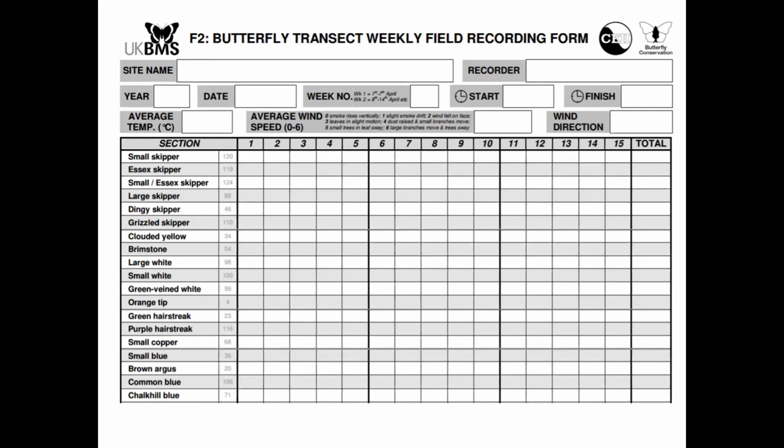So if we were to hear that although you thought you'd done very well because you'd seen 15 green hairstreaks, other people in other sites had seen twice that number, then you might think, oh, my site isn't as good as I thought. I thought it was really good with 15 green hairstreaks, but if other people are seeing 30, then it's just a good year for green hairstreaks, and actually my site isn't all that good.